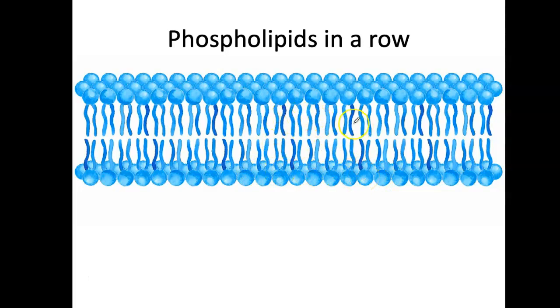But in between is a barrier. If it's fatty, it's a barrier to any molecule that wants to get into that cell or get out of that cell and is water soluble. So if it's water soluble, it comes here and bounces off. It comes here and bounces off.